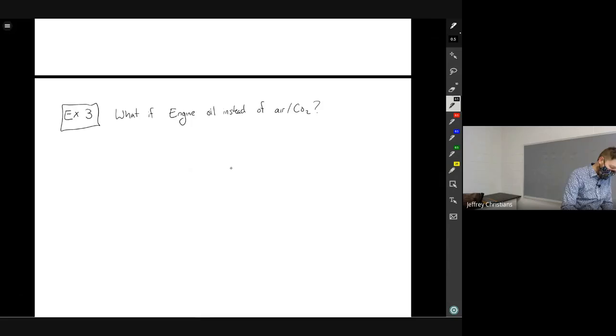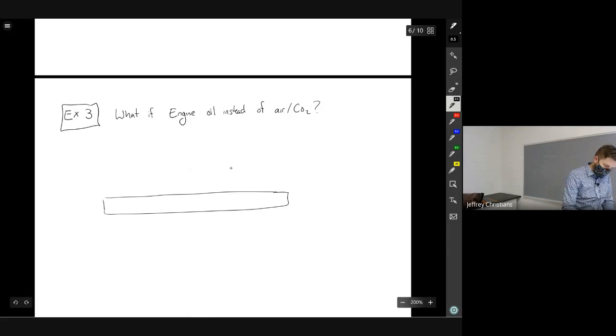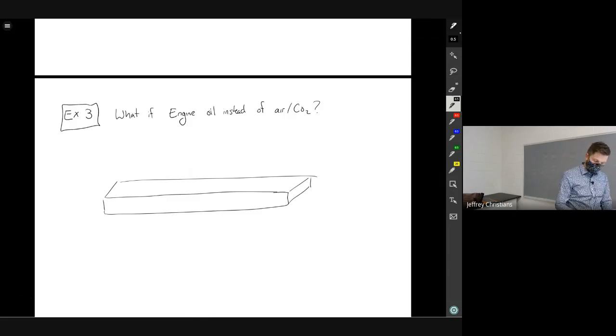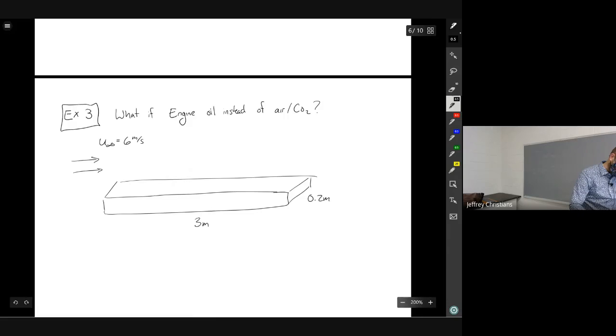So we have the same kind of plate. Let's say this is 3 meters by 0.2 meters, so a little bit of change in dimensions. Our velocity is 6 meters per second.